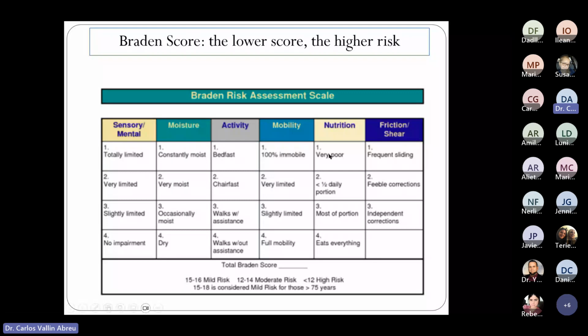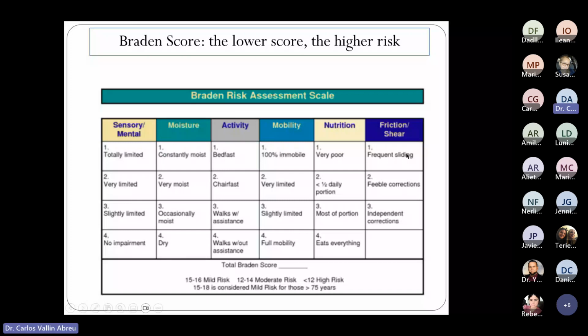So maybe because the client has very poor nutrition, I need to make a consult with the dietitian. So probably because the client is constantly moist because of incontinence, and because it has such a high risk, maybe doctors order a Foley.